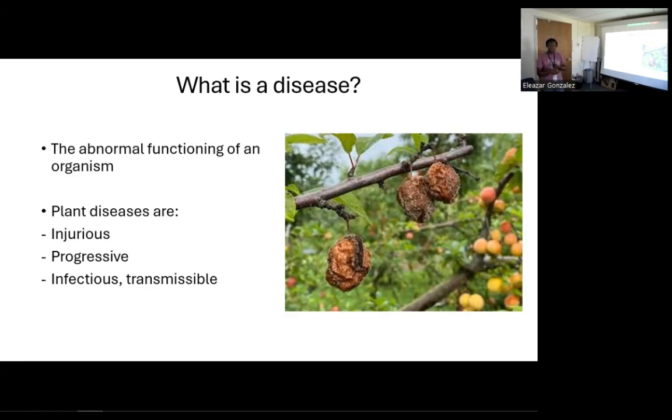So plant diseases have three characteristics we use to describe them. Firstly, we say that plant diseases cause harm, they are injurious, meaning they will cause harm to the plant. And also we say that plant diseases are progressive, meaning that they will develop over time. So for example, today you saw one plant that was diseased, tomorrow you might find a second, and the next day you might find a third.